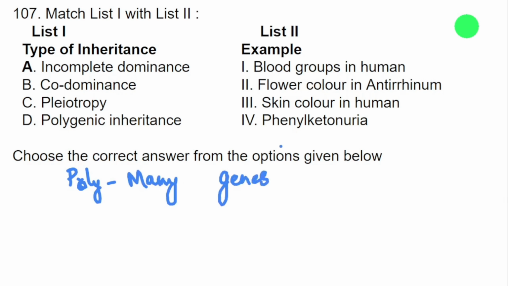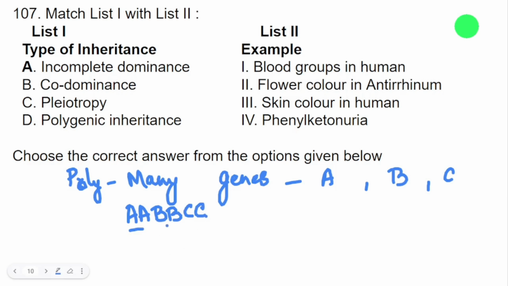In case of skin color, it is coded by three genes A, B, and C. A person with dark skin will have a genotype like this, where the two alleles of each gene are dominant, and an albino, that means the lightest skin color, will have the recessive alleles for the A gene, similarly recessive alleles for the B gene and recessive alleles for the C gene.